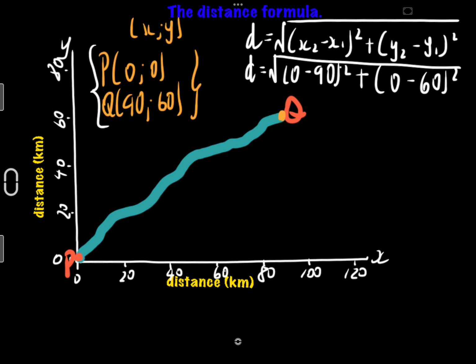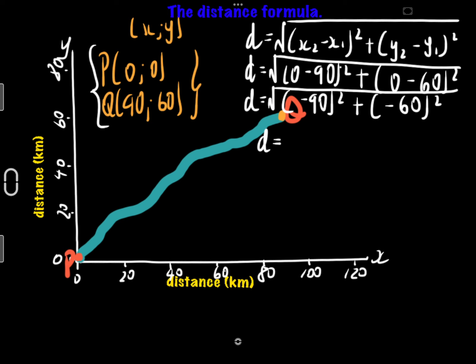Okay, so we have d for distance is equal to the square root of, okay, so 0 minus 90 gives us negative 90, close bracket, raised to the second power, plus, open bracket, 0 minus 60 gives us negative 60, close bracket, raised to the second power. Now we need to be very careful here. Remember, we are raising these negative values to the second power.